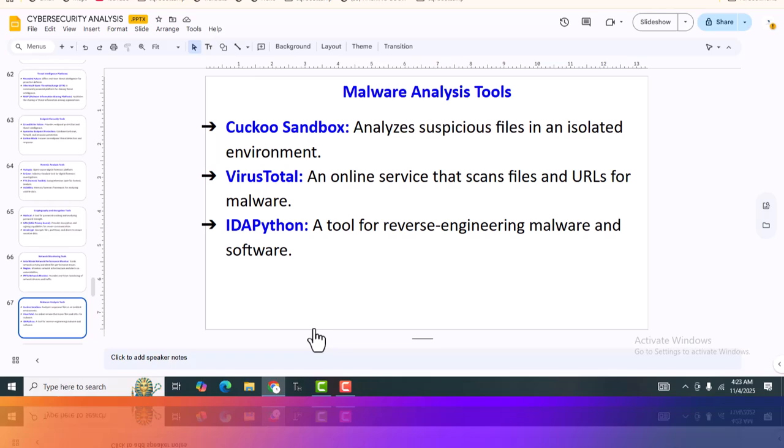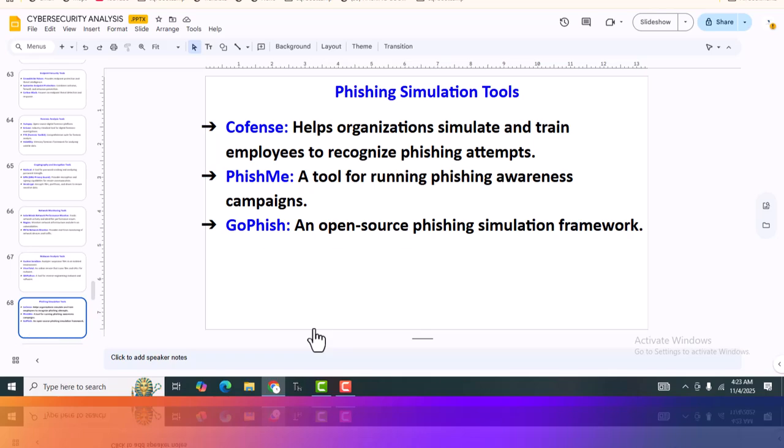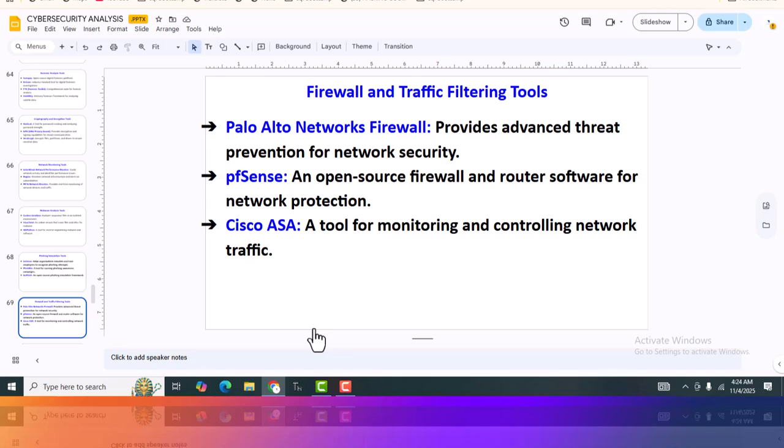We also look at malware analysis tools. We have different malware analysis tools, and when we go into malware analysis, you see different aspects like static analysis and endpoint analysis. We have phishing simulation analysis, especially for social engineering, to determine how attackers actually work and to help us understand how a particular attack works. We have firewalls and traffic filtering tools.